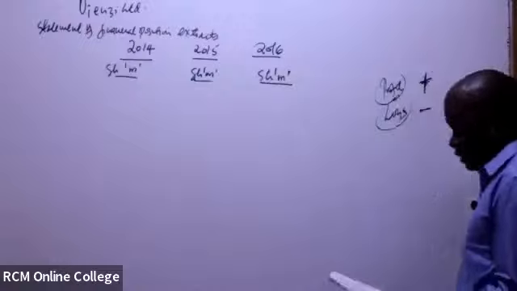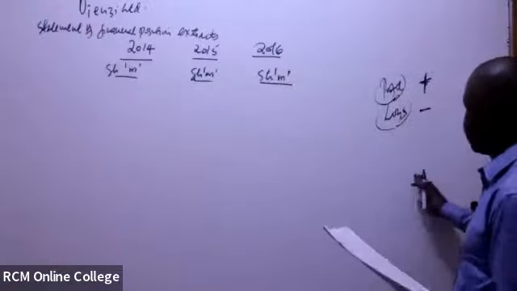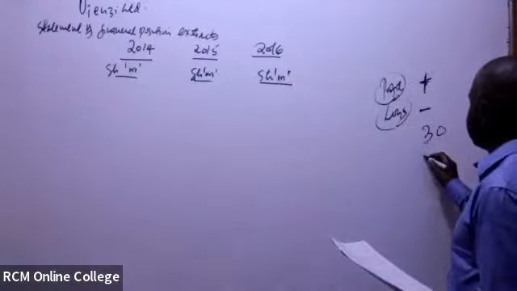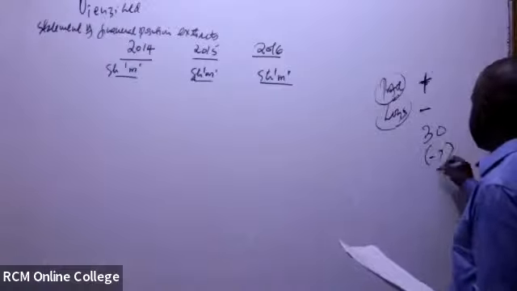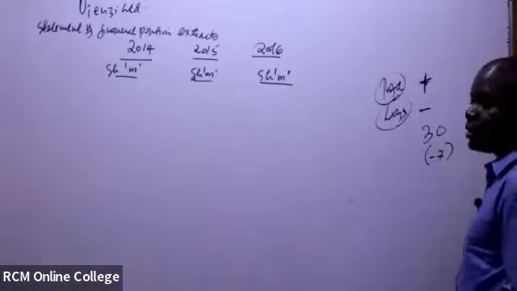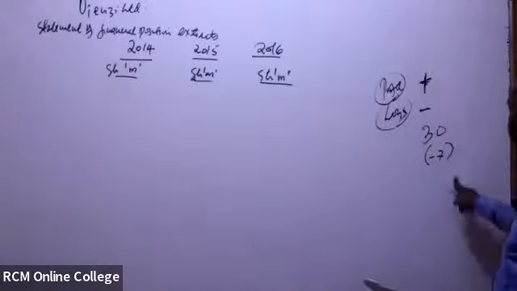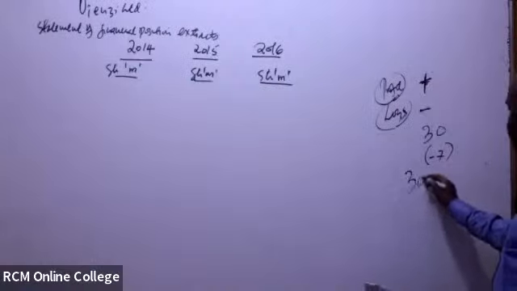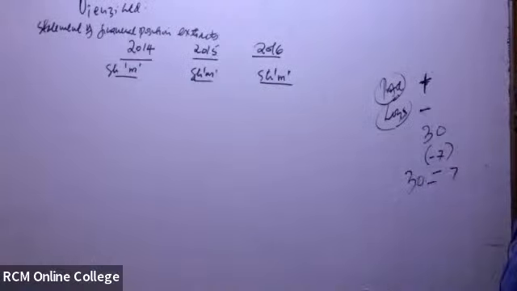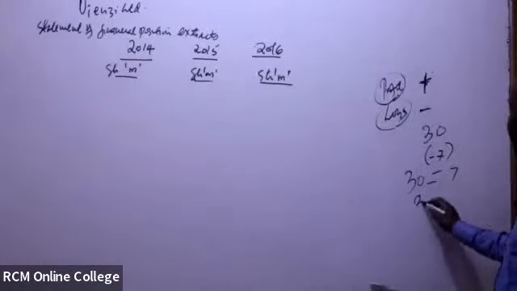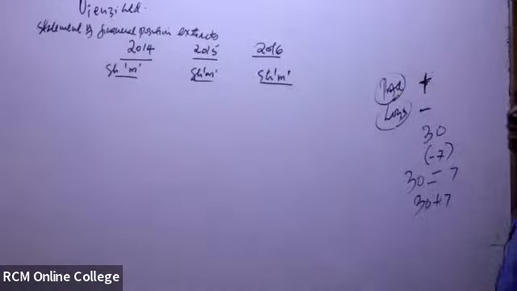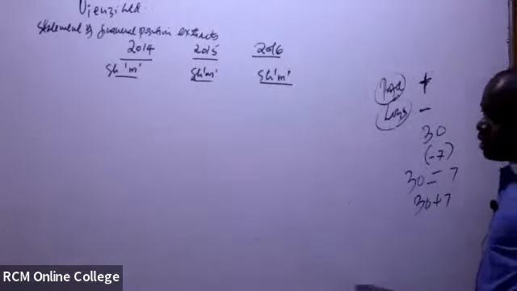I can see you are still stuck. We've said 30 into bracket minus 7. Okay, Cyprian, it is 30 into bracket minus 7. What this statement means is 30 minus 7, and in mathematics, when you have two negatives, they give you a positive. It will be 30 plus 7.